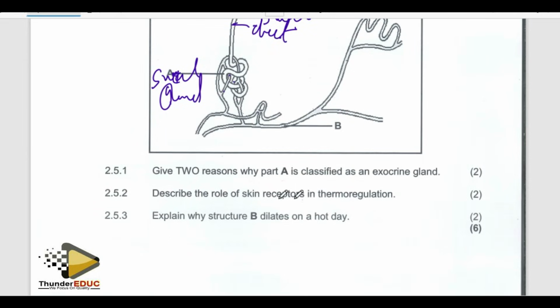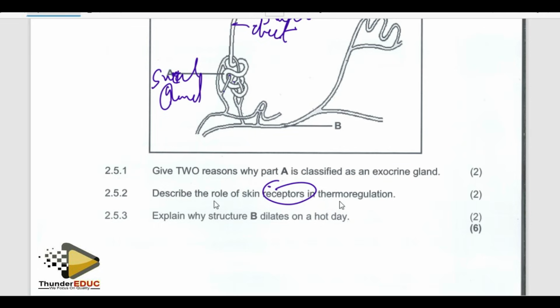Describe the role of the skin in thermoregulation. How are the skin receptors important in thermoregulation?